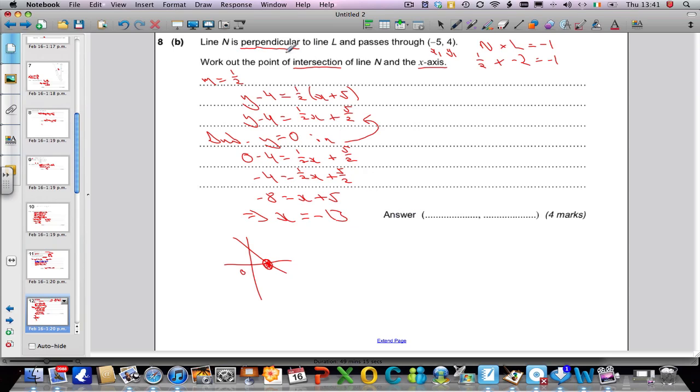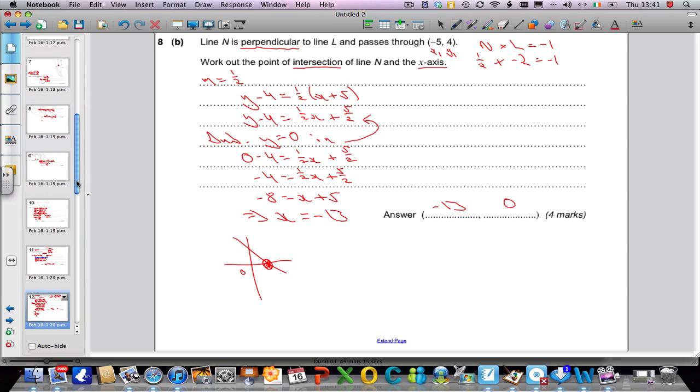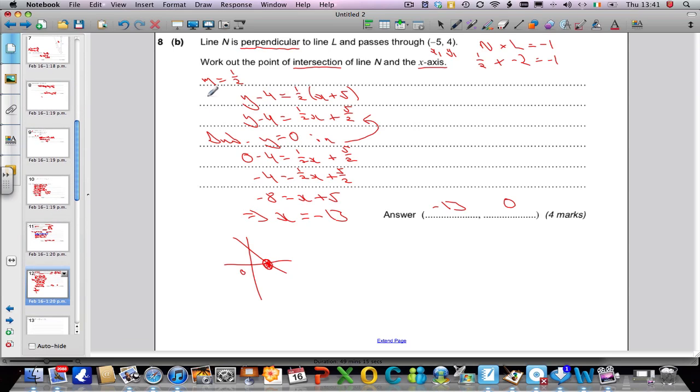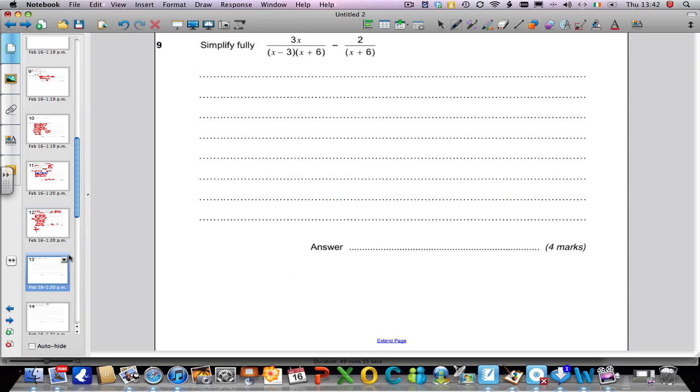So I know that this line, the line N, crosses the x-axis at the point minus 13, 0. A little bit tricky, that one. Really, really important though, guys, that you understand and you know your formula. You have to know your formula to answer that question.